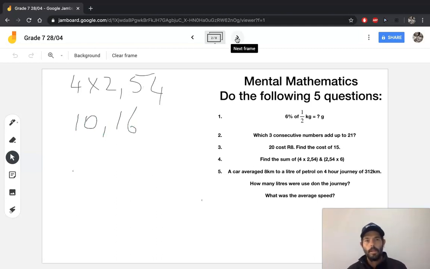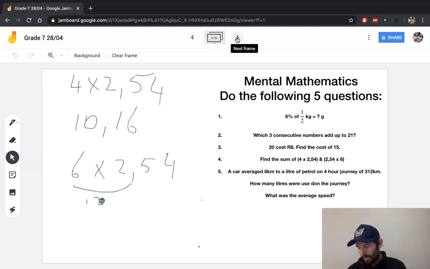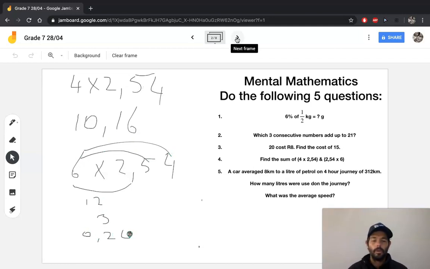all right. Then I could have done 6 multiplied by 2,54, and again I would have broken it up. I would have done the 6 times the 2 is 12, then the 6 times the 0,5 is 3, then the 6 times the 0,04 would have been 0,24. When I add those all together, I should get 15,24.